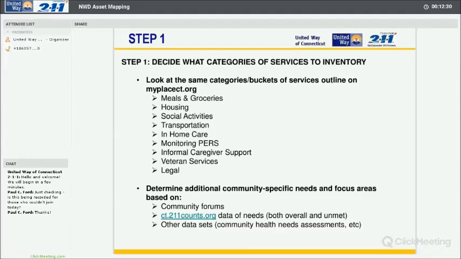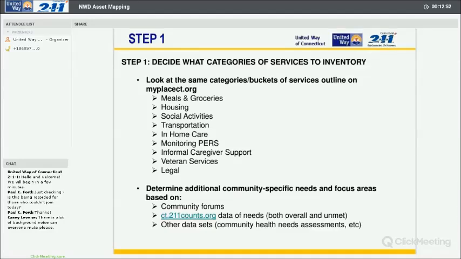veteran services, and legal. And then what I did is I went through the 211 database. I went through the taxonomy terms that 211 is required to use to index all of our services in the 211 database. Most of you know, we've talked about this.